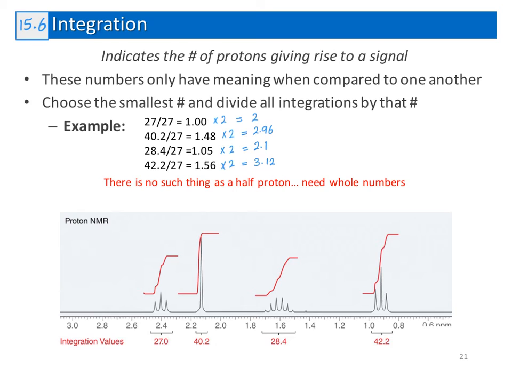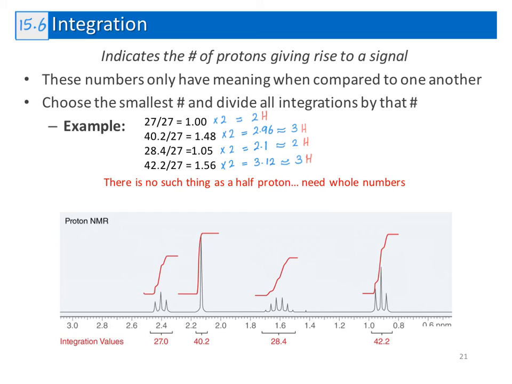Now we need to basically round these numbers. So 2 is 2. If I round this, I'm gonna get 3, 2, and 3. So these numbers actually give me the number of hydrogens corresponding to each signal.